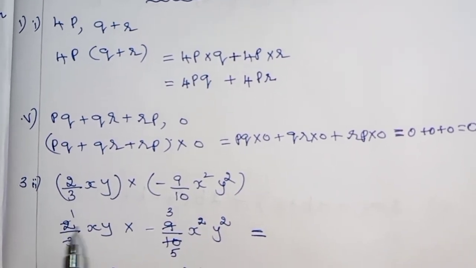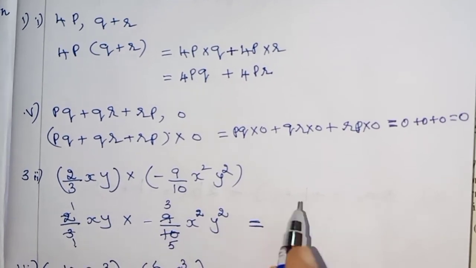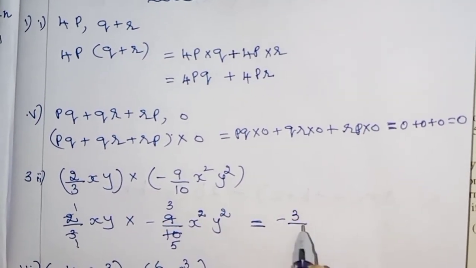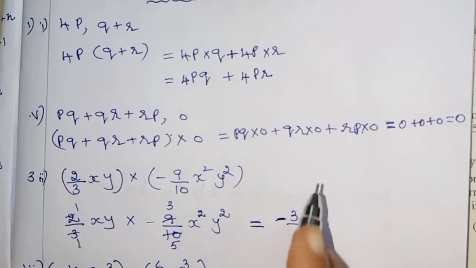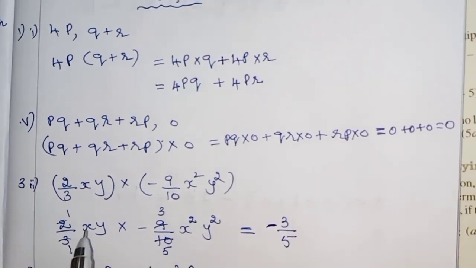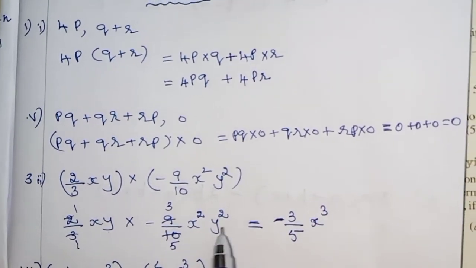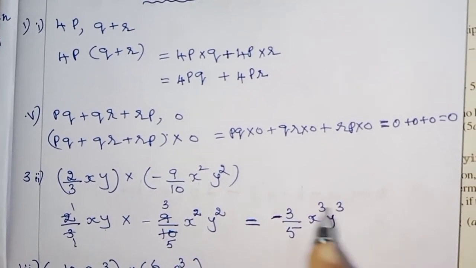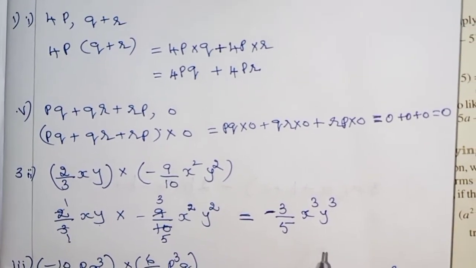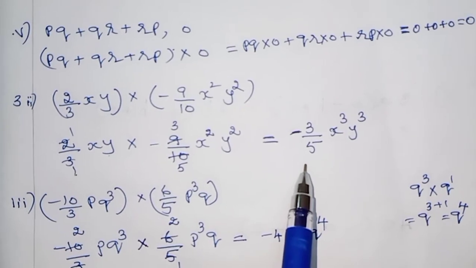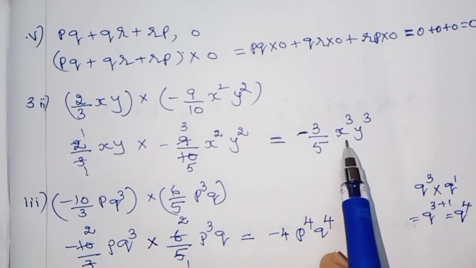Now multiply the numerators and multiply the denominators. 1 into minus 3 is minus 3. 1 into 5 is 5. Now x into x square is x cube. y into y square is y cube, because we add the powers, 1 plus 2 is 3. So it is y cube. So minus 3 by 5 x cube y cube.